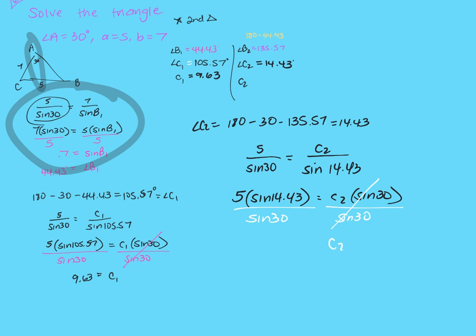And I get C2 is 2.49. So the answer to this question is all 6 of these. Remember to check for your ambiguous case.